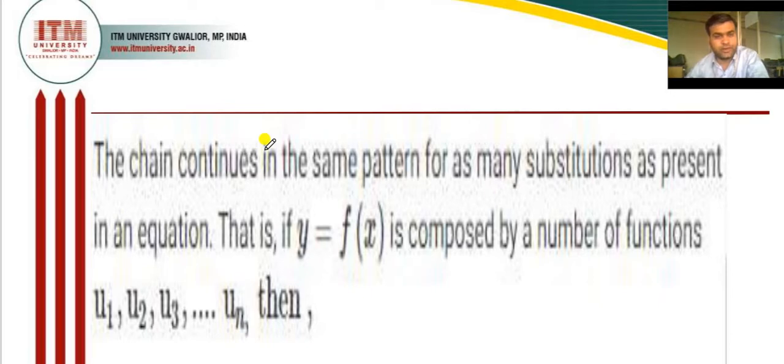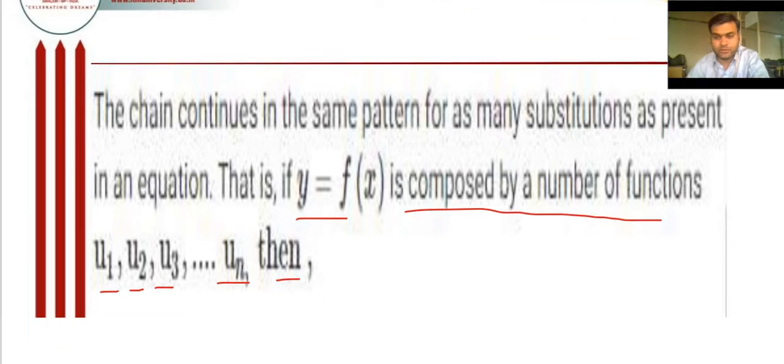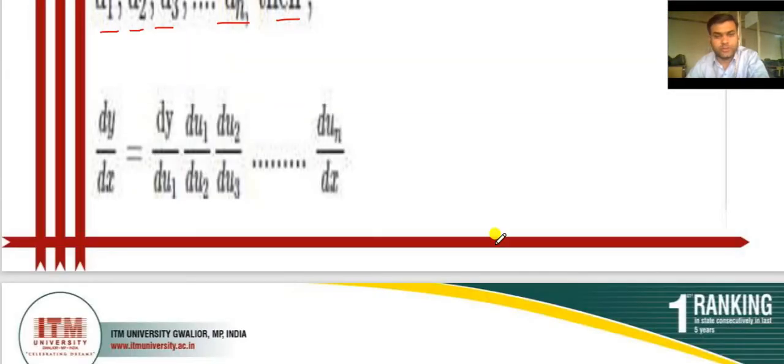That is, if y = f(x) is composed of a number of functions like u1, u2, u3 up to un, then you can simply use this formula to differentiate: dy/dx = dy/du1 into du1/du2 into du2/du3 and so on up to dun/dx.